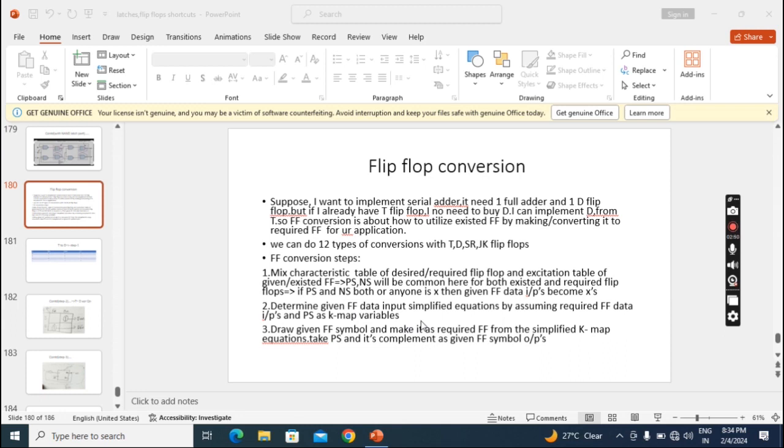Then in the third step, we have to draw the given flip-flop symbol, because we have that flip-flop only, so we take the given flip-flop symbol and make it the required flip-flop from the simplified K-map equations. In this given flip-flop symbol, the outputs are present state and its complement. Okay. In further lectures, I will take two examples and show how to do each step.